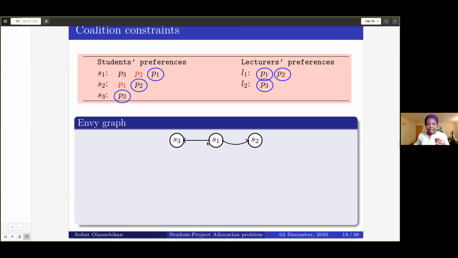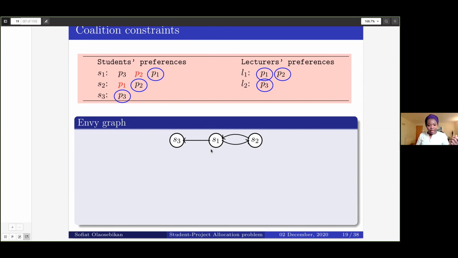So we draw an edge from a student to another student if the student envies the other student. So we say a student envies another student if they would like to be assigned to what that student has. So here we can see that after drawing this envy graph, we have a directed cycle. So what that directed cycle is telling us is that there is a coalition in our solution.